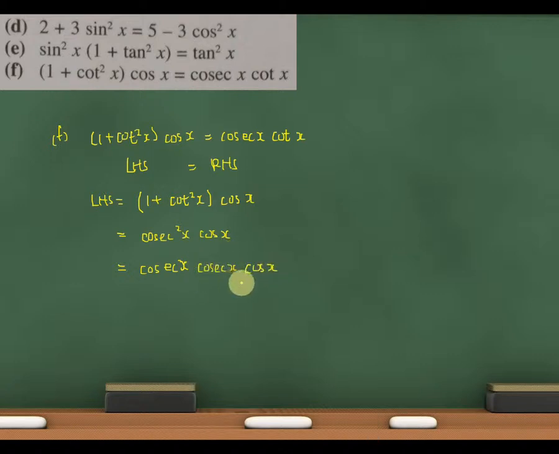I can see that this term somehow will become cotangent x. If we just change this, this will become 1 over sine x. And you can see magic. This is cotangent x. Okay, we have proven.